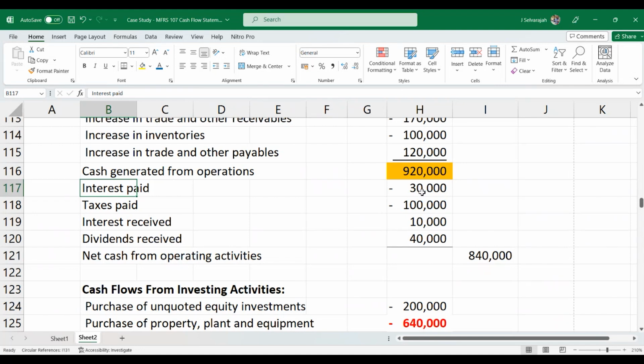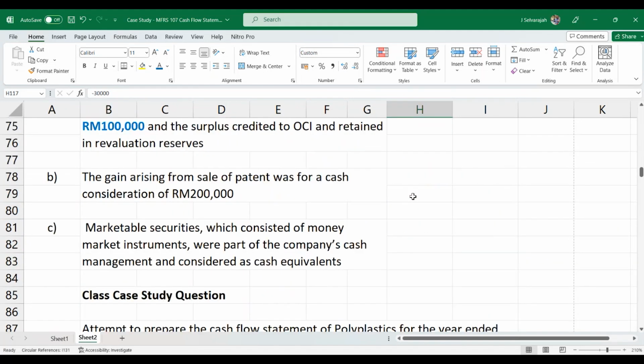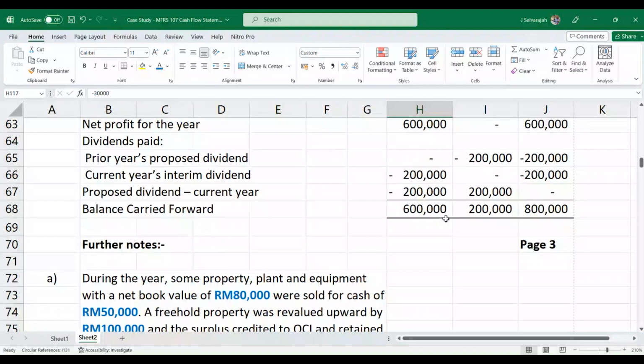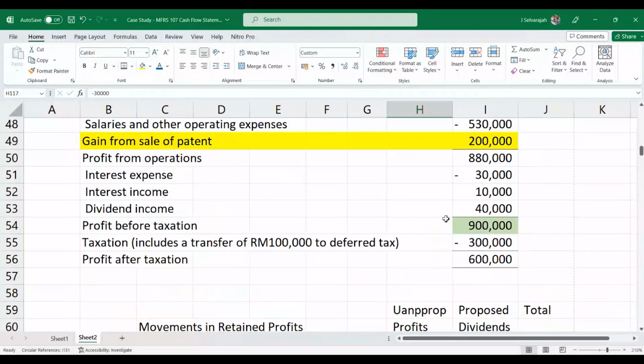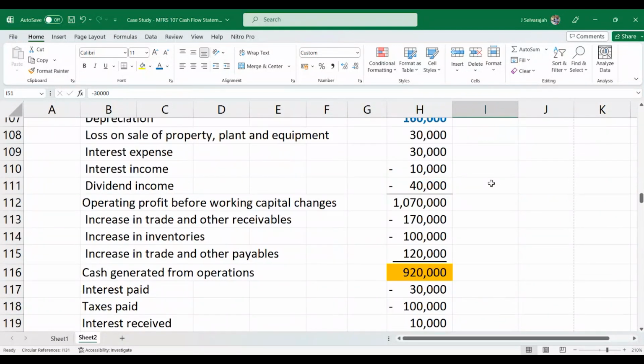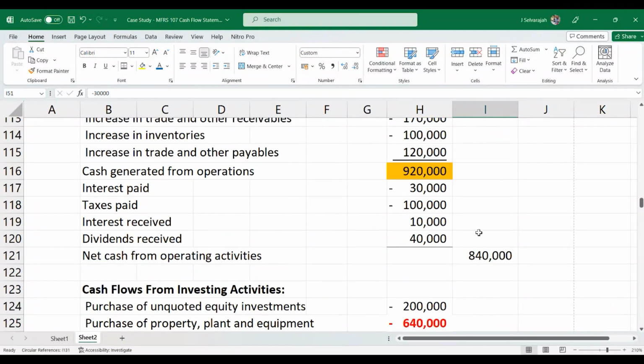Where else is there an interest paid? The interest expense is 30,000. All right, this is 30,000. The same 30,000 we are talking about, the same 30,000 that we are adjusting here. So I'm not sure which one.